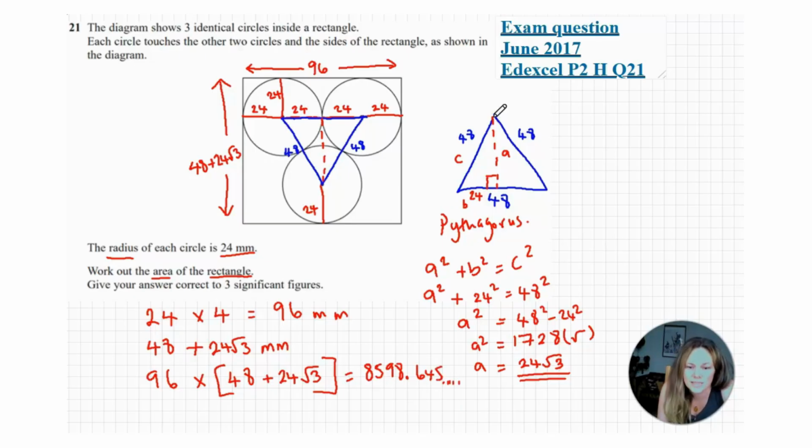So it says somewhere, give it correct to 3 sig figs. So we're going to work that out as well, just so we get that final accuracy mark. And that's going to be 8,600 millimetres squared. Final answer, easy peasy.